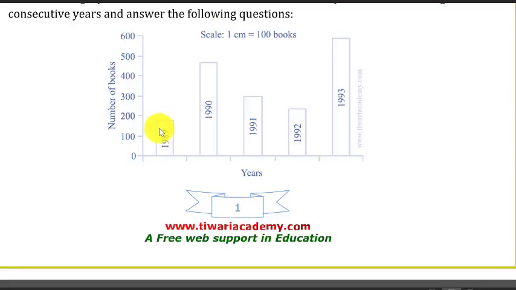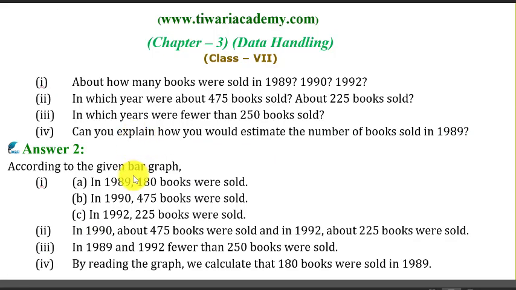In 1989, we have to take an approximate value because the values are not given on a graph sheet. It is given on a white page, so we can write this as an approximate value. In 1989, 180 books were sold.